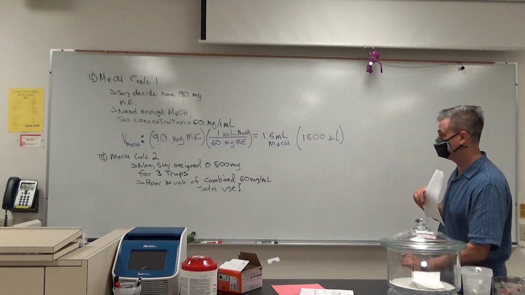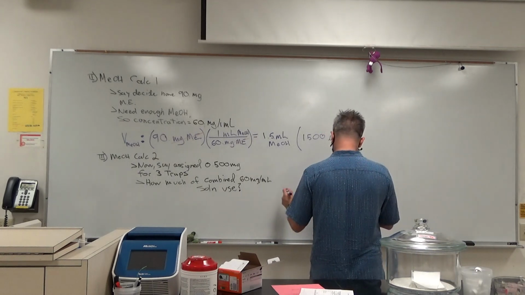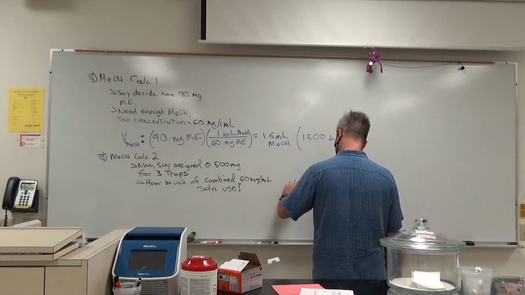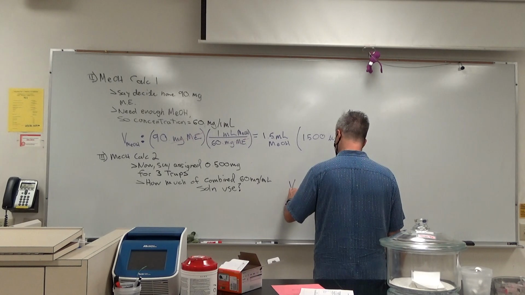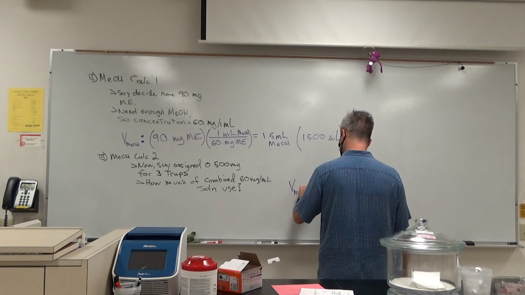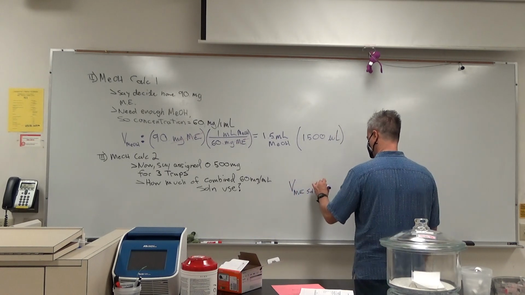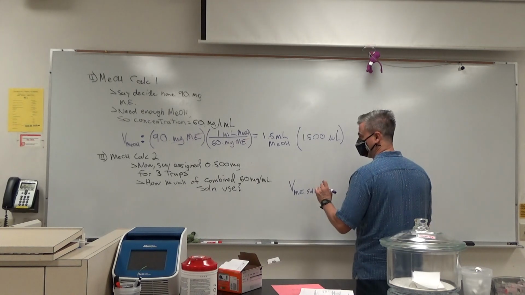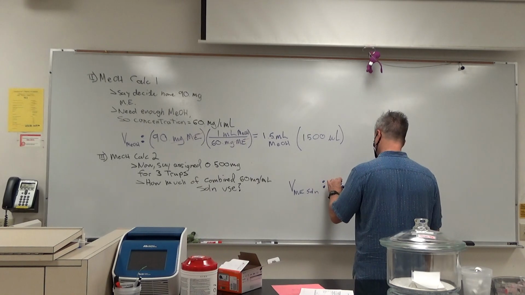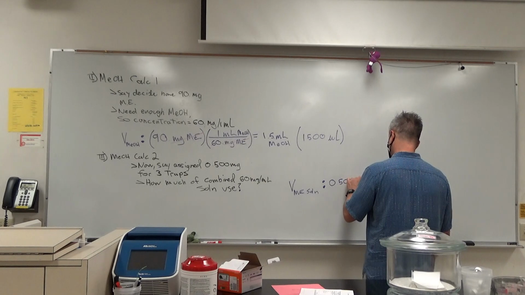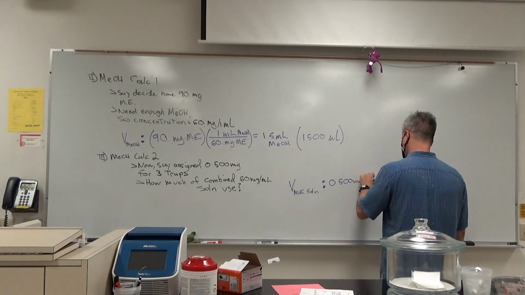Okay, so it's very much like that calculation. This is going to be volume of methyl eugenol solution. We know that we want to deliver 0.500 milligrams of ME.